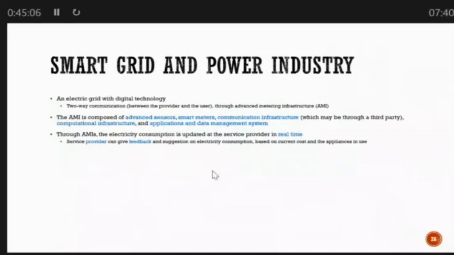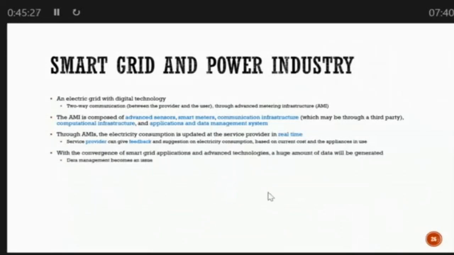For example, if the evening time is more expensive to use a particular appliance, your service provider can tell you to use that appliance, for example your washing machine, in the morning, and use another appliance in the evening, because it's cheaper in the evening. In the same way, you can get the data from all those sensors, from all those meters, from all those devices, and then perform data management based on that.